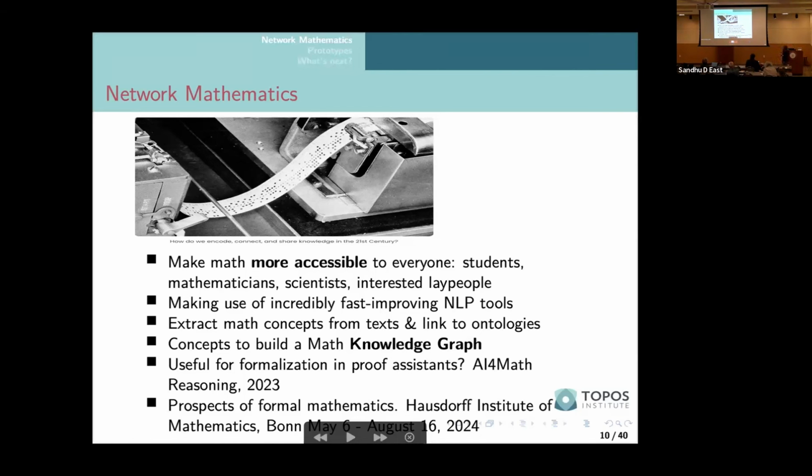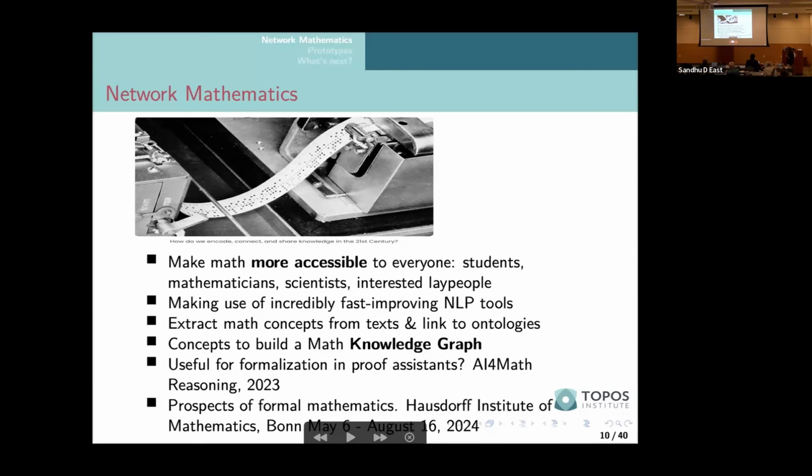And everyone knows that the NLP tools, what's nowadays called generative AI, the AI tools that I was describing at the beginning, are improving incredibly fast. Between the time that I started talking and now, there are already another 2 or 3 different papers in the archive talking about different ways of dealing with this stuff. It is quite impressive.